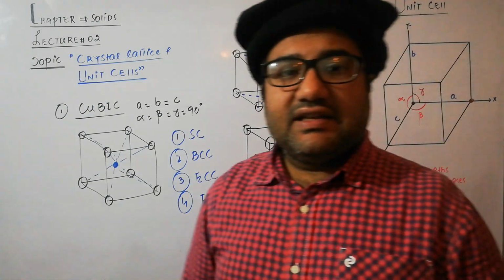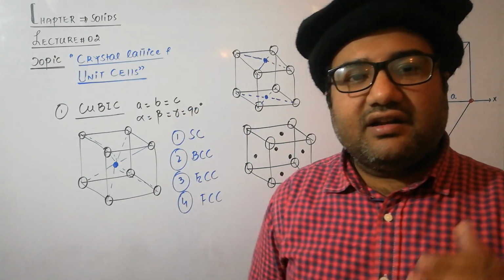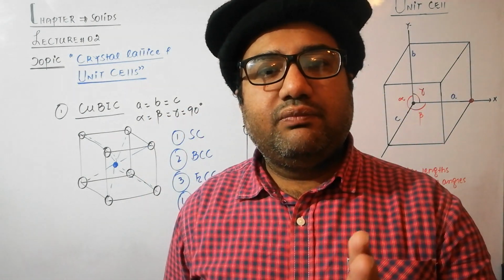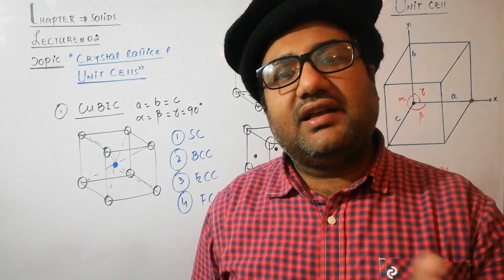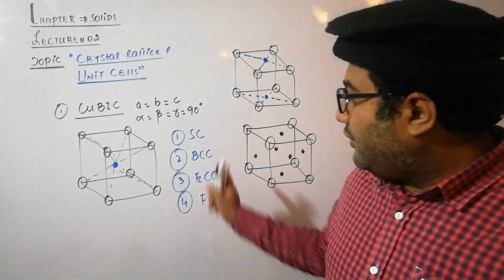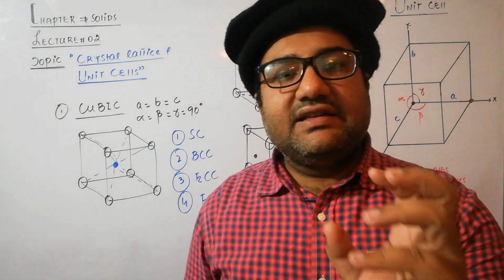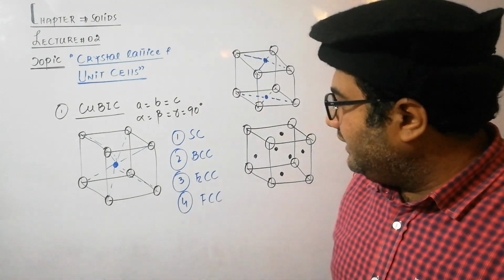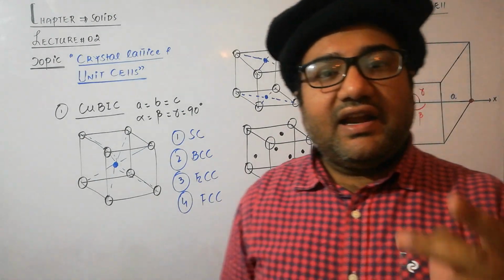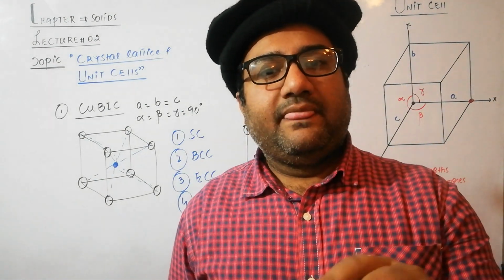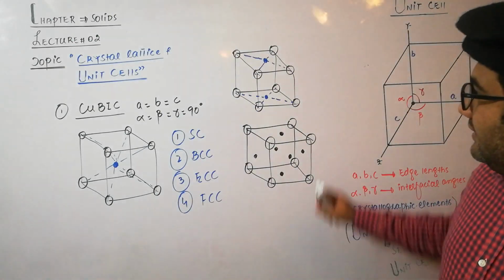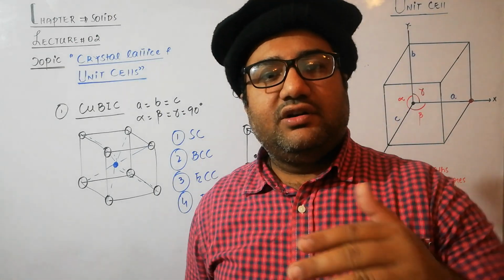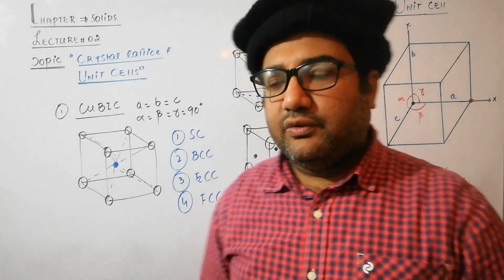Cube is a unit cell having these relationships, and there are four types of the cube. Simple or primitive cube having lattice points only at the eight corners. Body centered cube having at least 9 identical points, 8 at the corners, 1 at the center of the body. End centered cube having at least 10 identical points, 8 at the corners and 2 at the center of the two opposite faces, usually above and below.